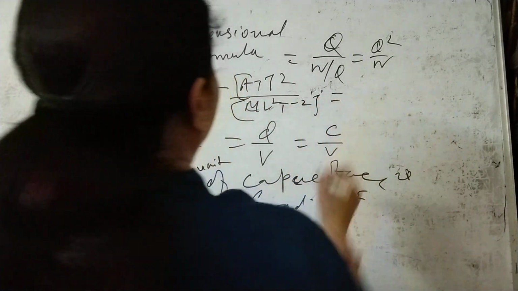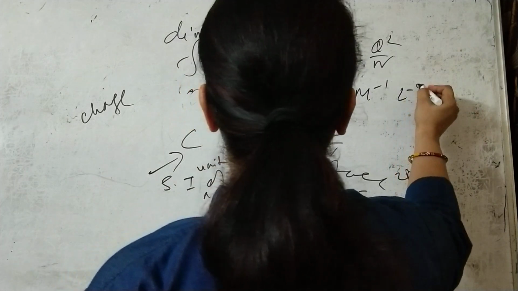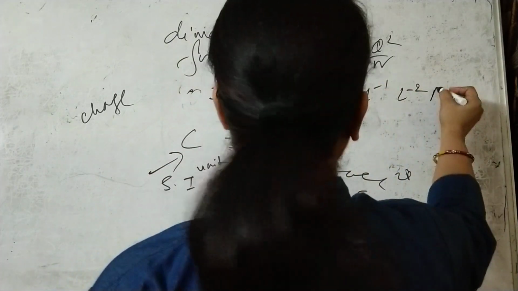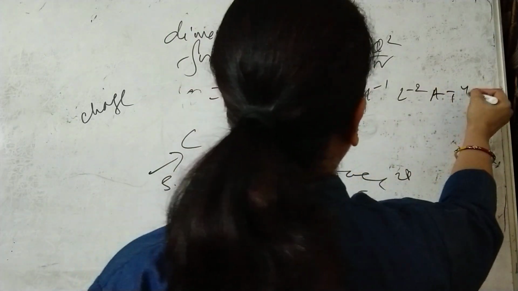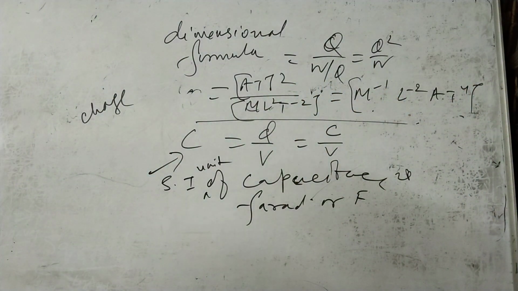Ultimately you get M to the power minus 1, L to the power minus 2, A squared, and T to the power 4. This is the dimensional formula for capacitance.